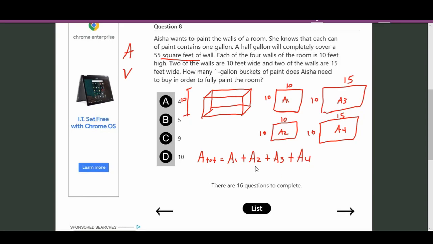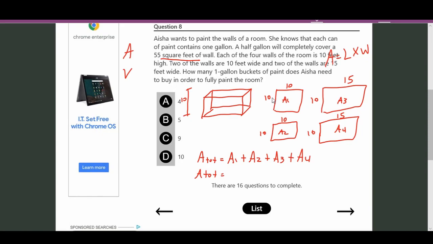That is, we're going to find the areas of these rectangles, add them all up, and then we'll know how much area Aisha has to paint to fully paint all the walls of the room. Area for a rectangle is always length times width. As you can see, we have that for all of these, and they're actually pretty easy to do, so we don't have to do too much arithmetic in this case, fortunately.